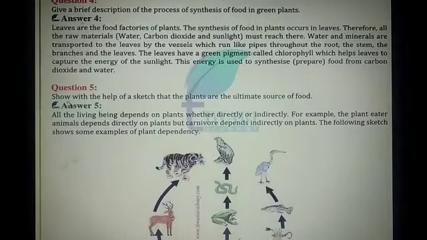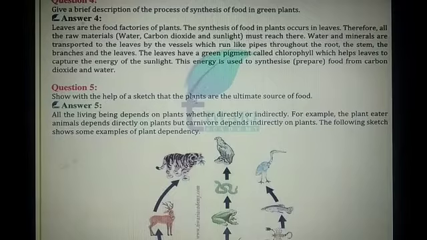What is the next question? Show with the help of a sketch that plants are the unlimited source of energy. Student, what is a plant? A plant is an autotroph, and the mode of nutrition found in a plant is autotrophic nutrition. So, all the living beings depend on a plant, whether directly or indirectly. How can we say that?